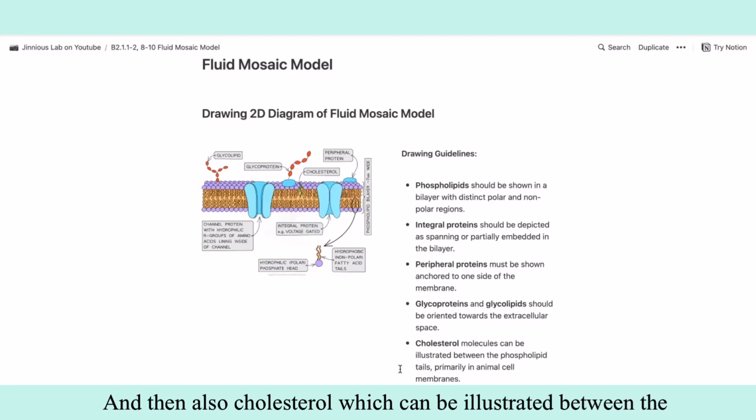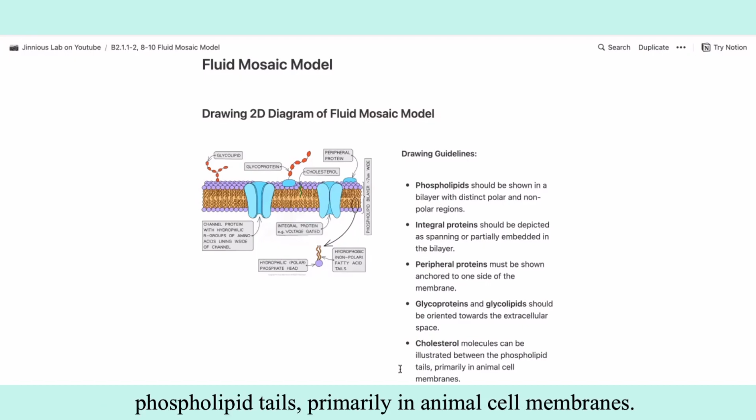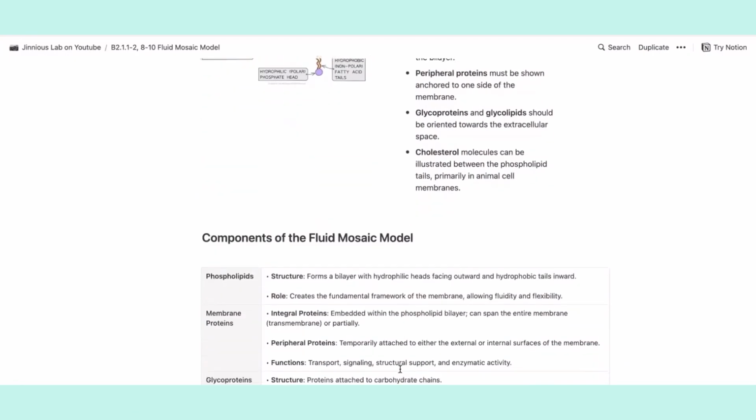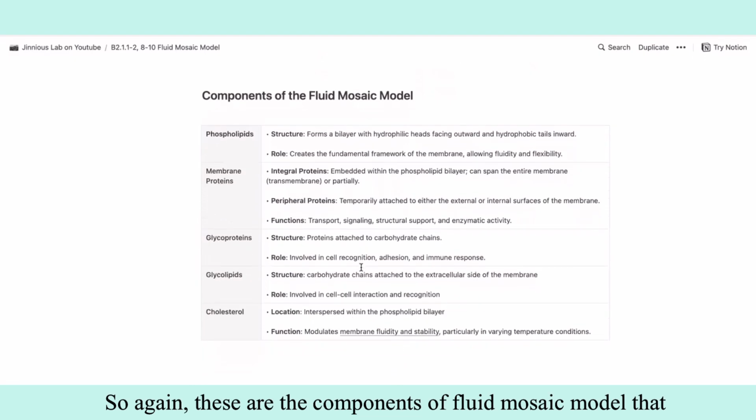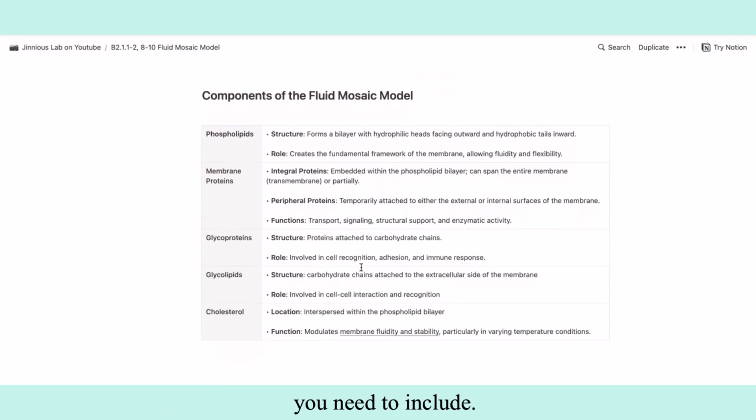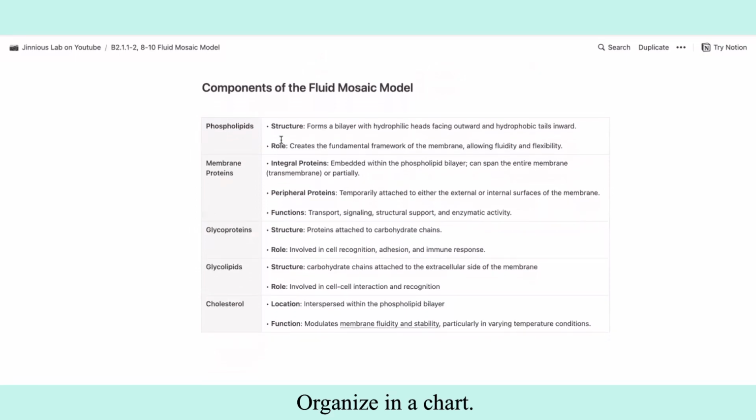And then also cholesterol, which can be illustrated between the phospholipid tails, primarily in animal cell membranes. So again, these are the components of the fluid mosaic model that you need to include, organized in a chart.